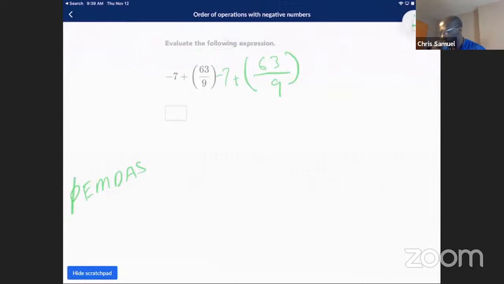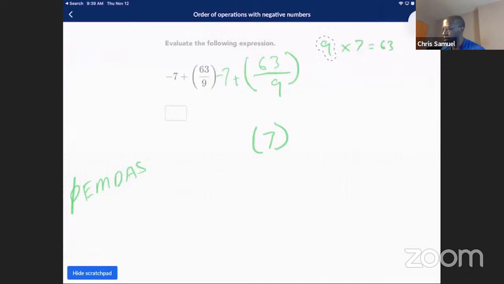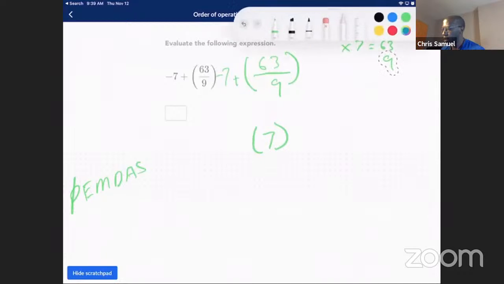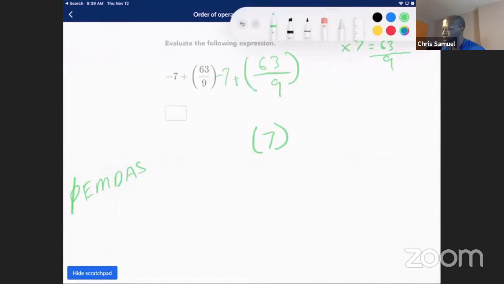And what we do is we say 7, and I jump to that automatically because we know 9 times 7 equals 63. So if you take this 63 and you put it at the bottom like this, let's see if I could do this right. Yeah, and then you put this over here.